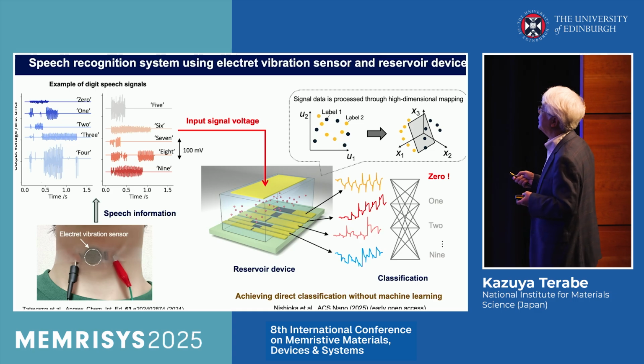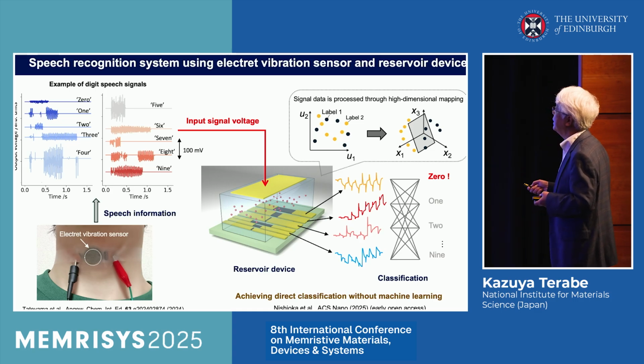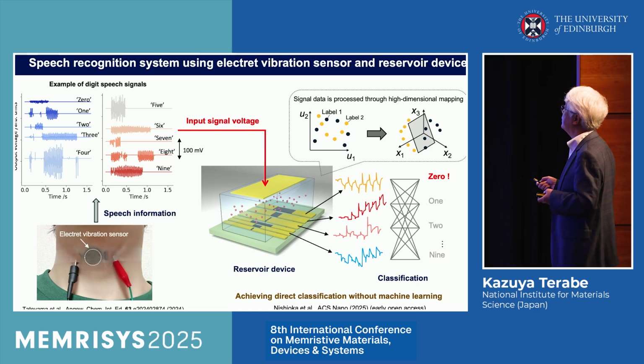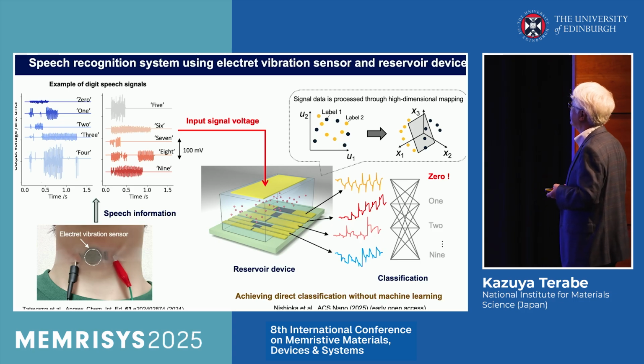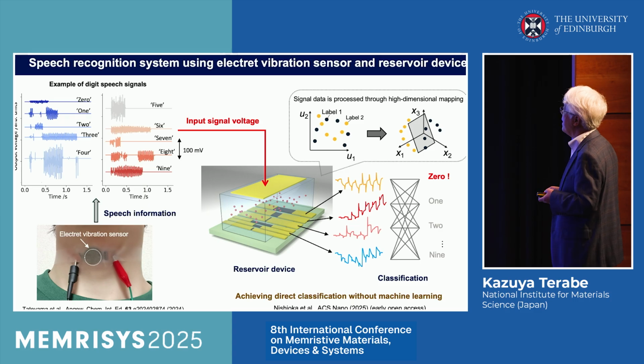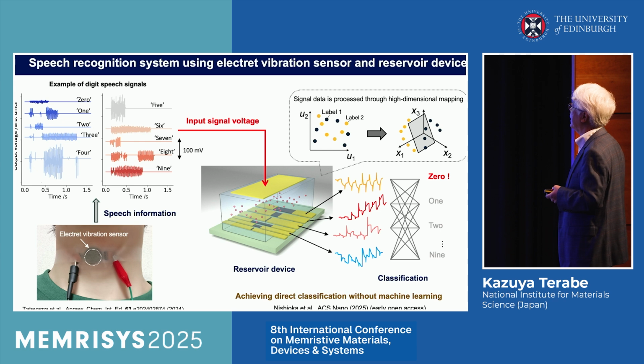So input signal, signal voltage, reservoir devices, and output like so many high-dimensional data and classification. This is a very easy system, and it is possible to do direct classification without machine learning.